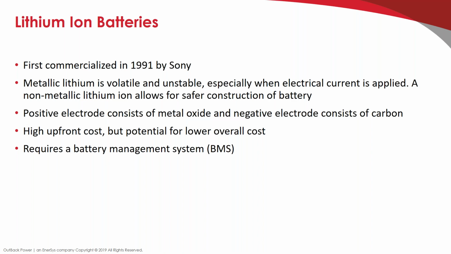Again, going back to the potential energy, lead acid is a 2-volt cell, so to make up a 48-volt battery, you need 24 cells. With lithium, if you put a lead battery next to a lithium battery and they were exactly the same mass or weight, you would have higher energy output from the lithium battery than you would from the lead.